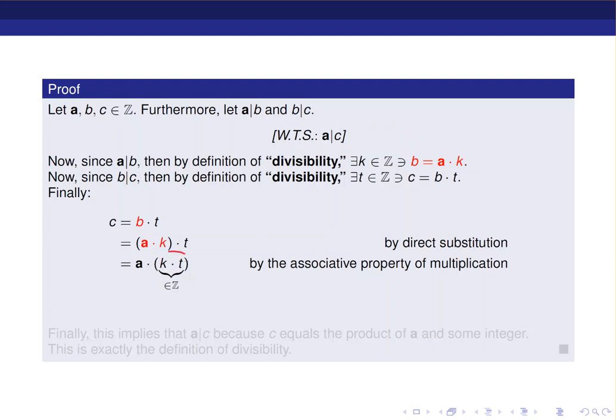But keep in mind, k and t are individually integers, so when you multiply them together, it will still be an integer at the end. Which means we have found the product of a times an integer that equals the number c. So by definition of divisibility, a must divide c.